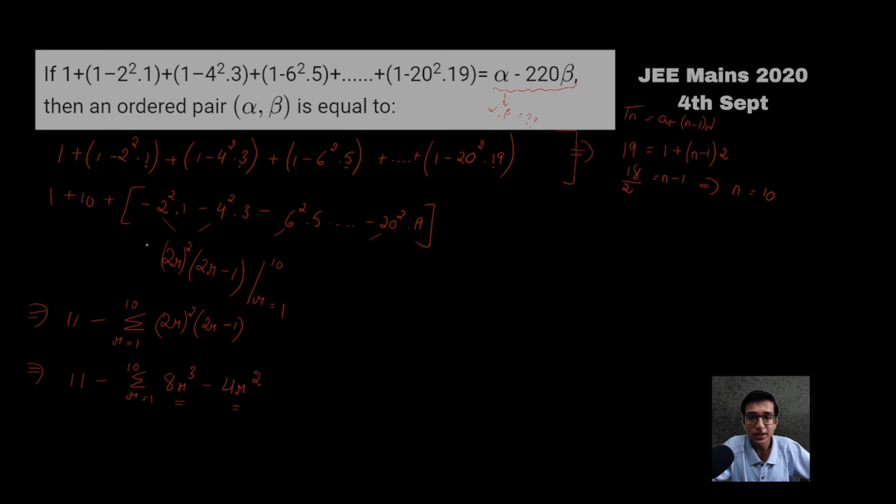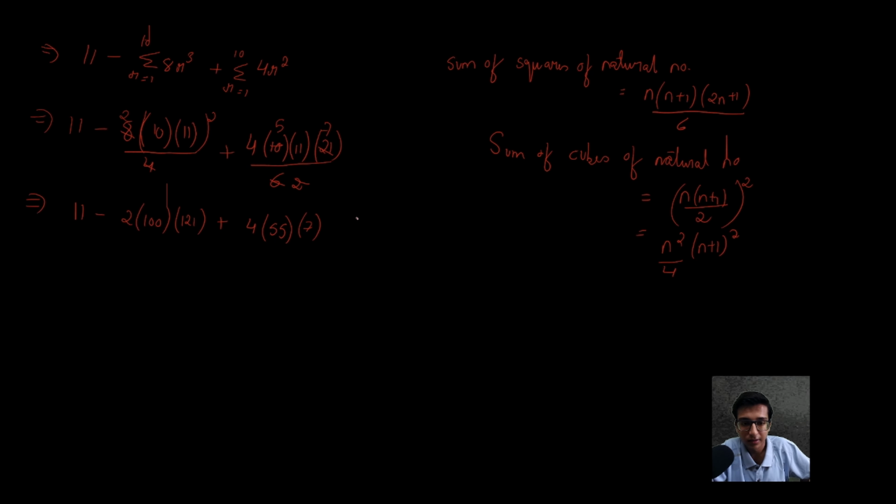Now let us see what was asked. We had to find out the value of alpha and beta, and this was given to us, that this entire summation is equal to alpha minus 220 beta. So let's try to convert this into the form alpha minus 220 beta. Then it would become easier for us to solve the equation. Let us say that 11 is alpha.